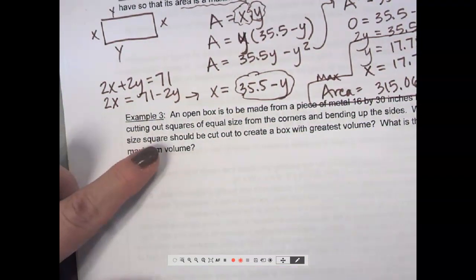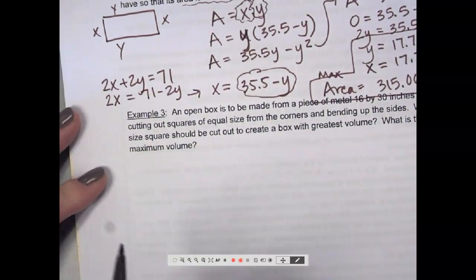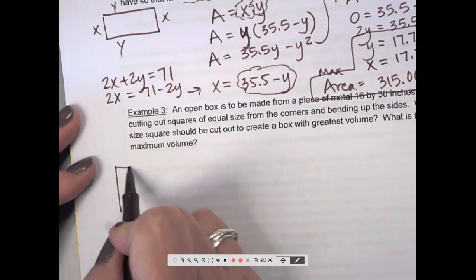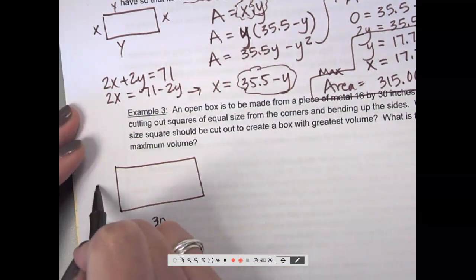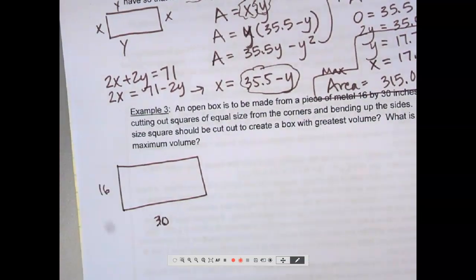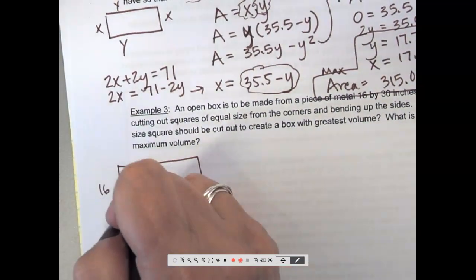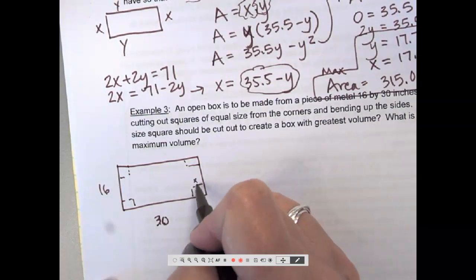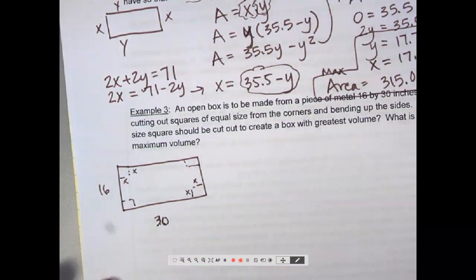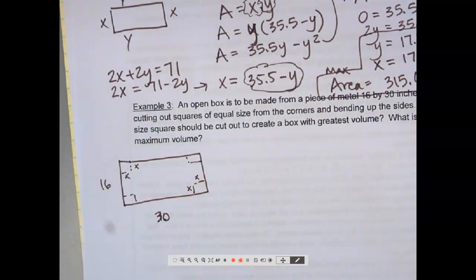An open box is to be made from a piece of metal 16 by 30 inches, by cutting out squares of equal size from the corners. Okay, so each corner I'm cutting out an X by X corner, and then we'll bend up the sides. What size square should be cut out to create a box with greatest volume? And what is that volume?